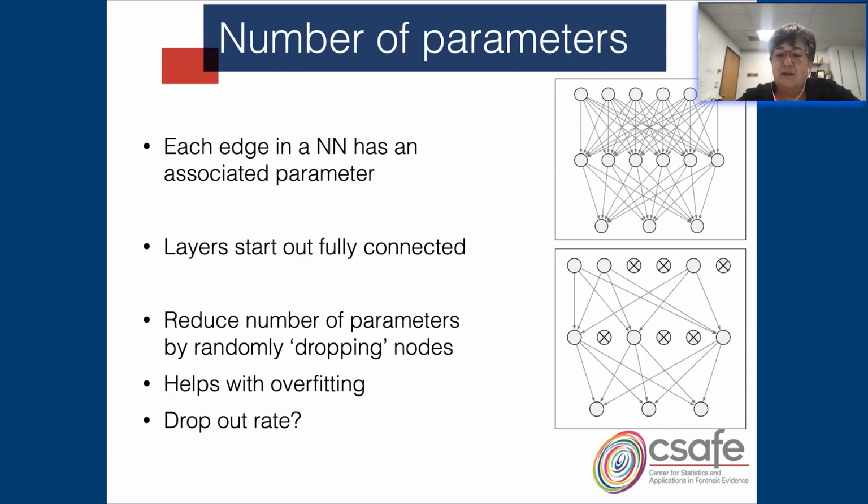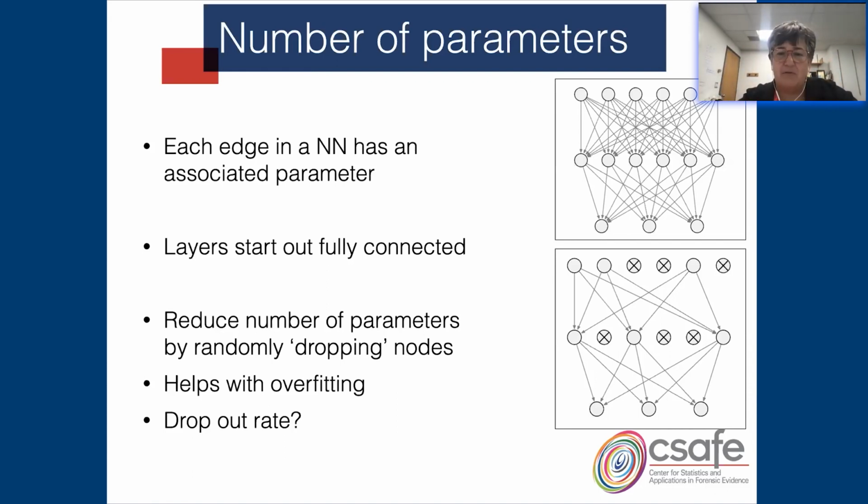In order to reduce the number of parameters and to help with overfitting, what we do is we randomly drop out some nodes. That's called the dropout rate. And that's something that is being added once in a while in the architecture of the network to help with overfitting.